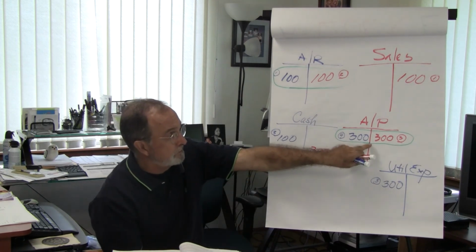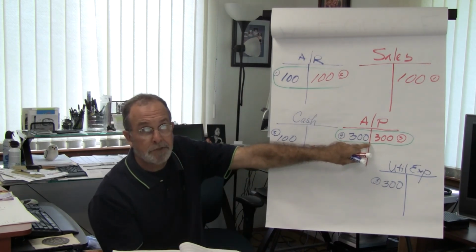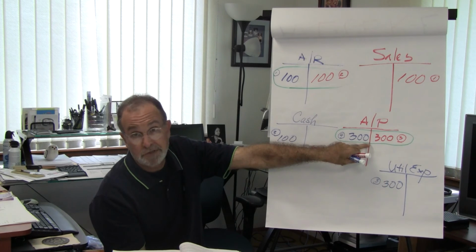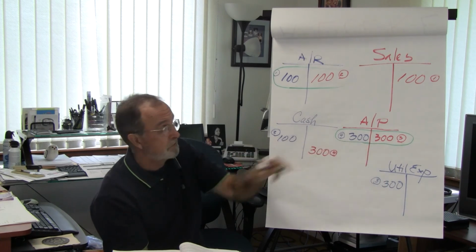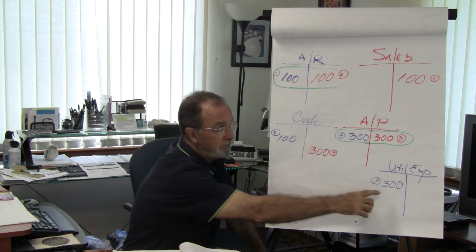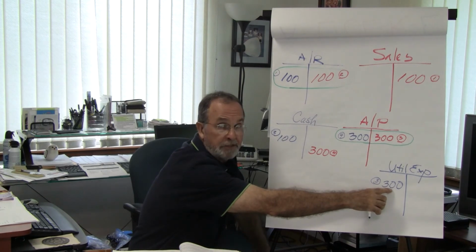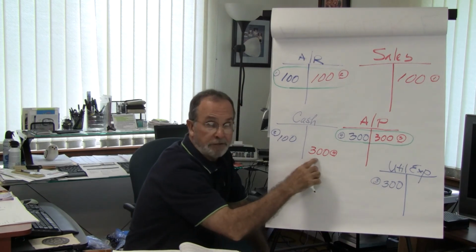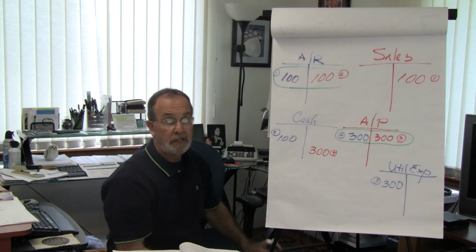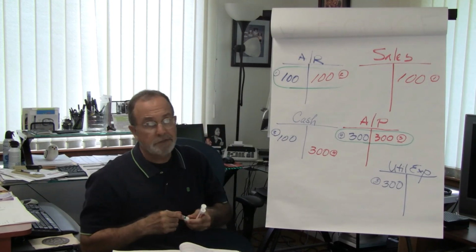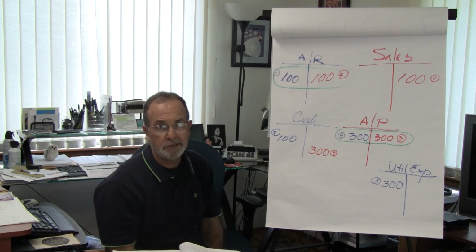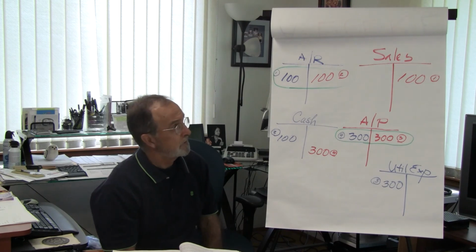So as a result, after both transactions are recorded, accounts payable is 0 for those two transactions. And again, we end up with a debit to utility expense and a credit to cash. Again, that's how the accrual basis of accounting works. And these are rather simple examples, but they basically show how it works.